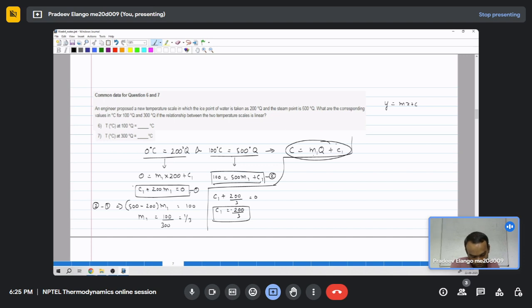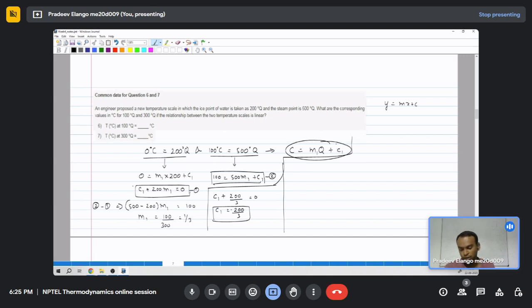At 100 degree Celsius we will have 500 Q, so on the right hand side we will have 500 by 3 minus 200 by 3. So this is 300 by 3, and that is 100. Yes, so it is matching.